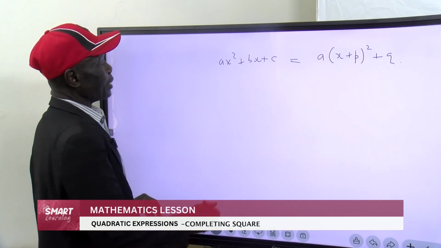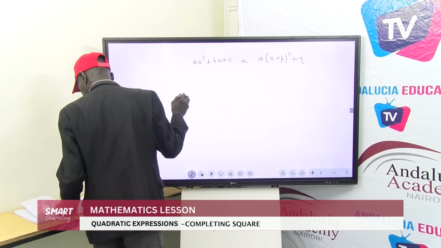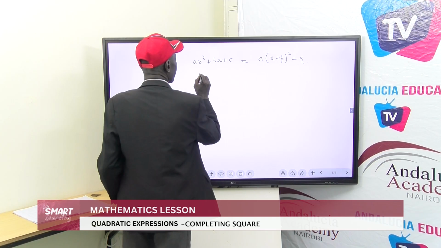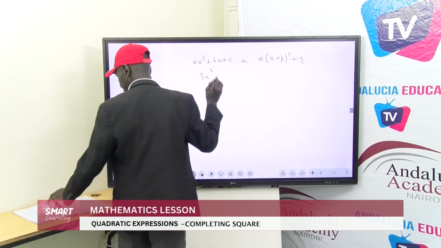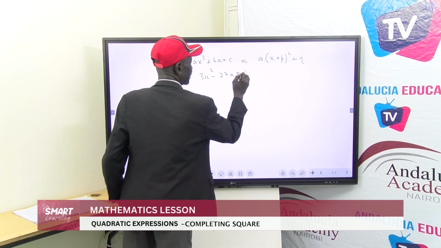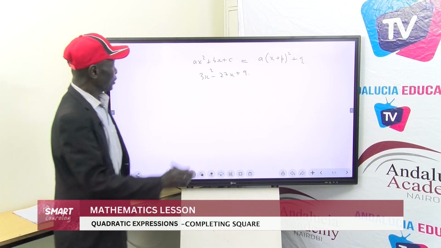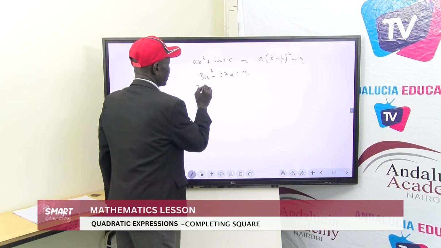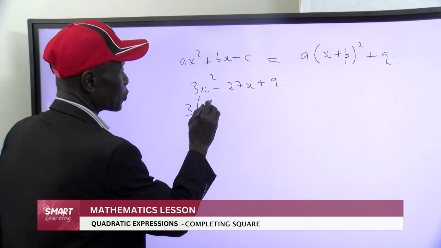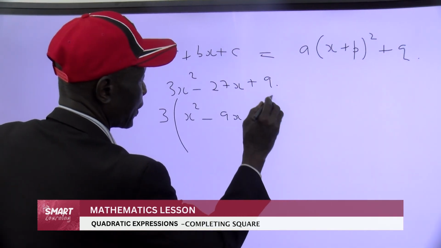This means that if I give you an equation like 3x squared minus 27x plus 9, first of all, I must factor out my 3. So it becomes 3 in brackets x squared minus 9x plus 3.